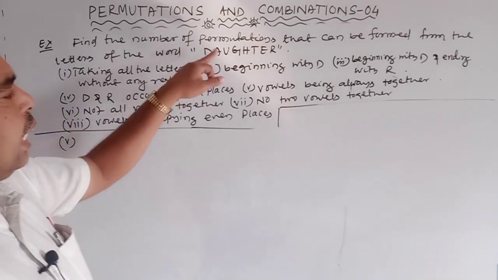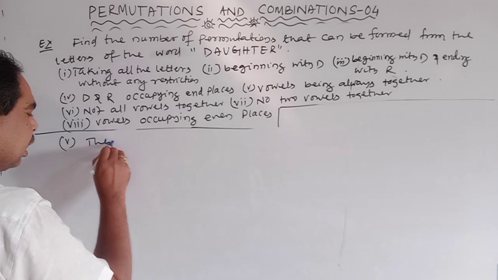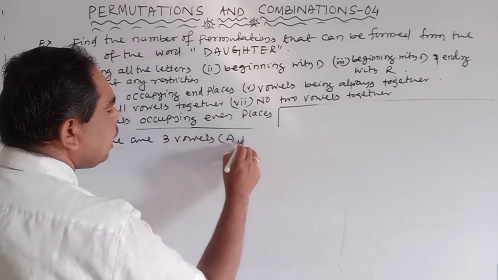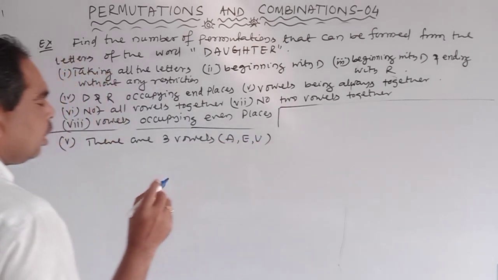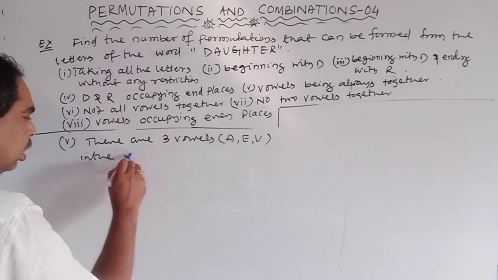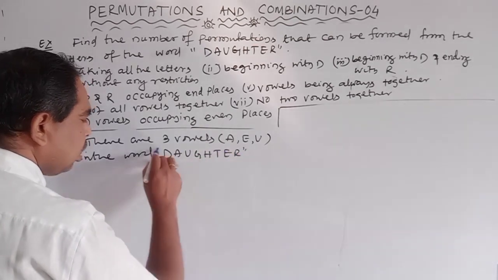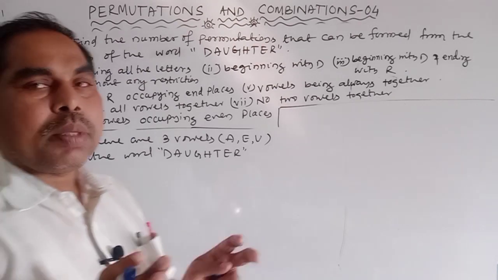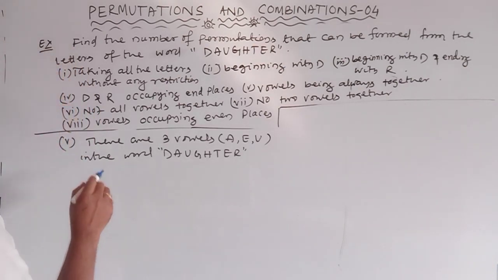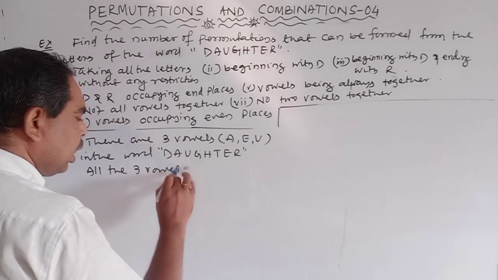Daughter has the vowels A, U, E. There are three vowels in the word daughter. So all the three vowels come together.